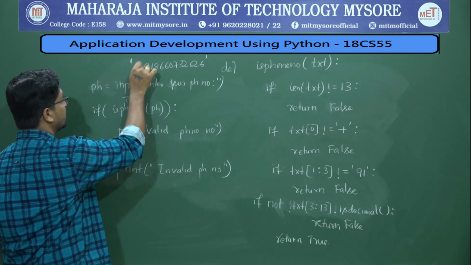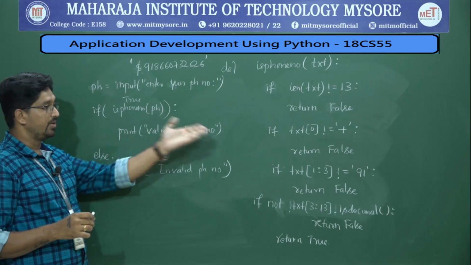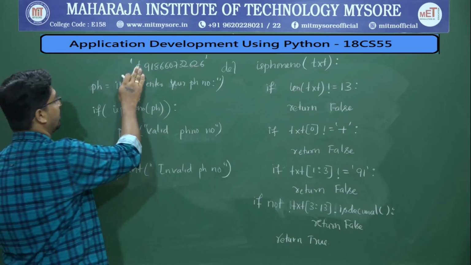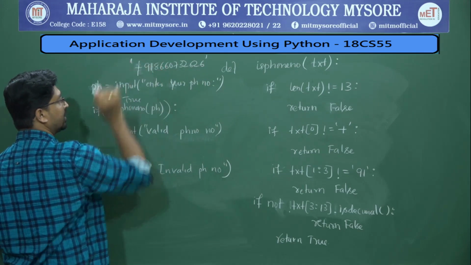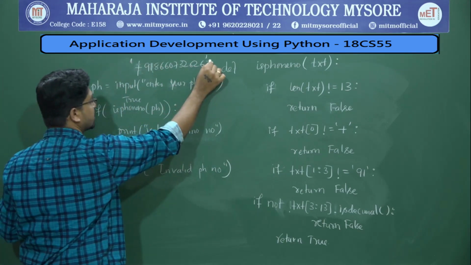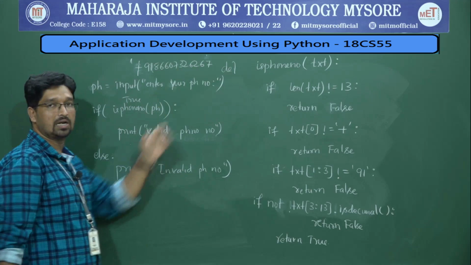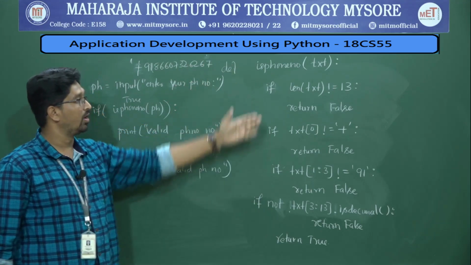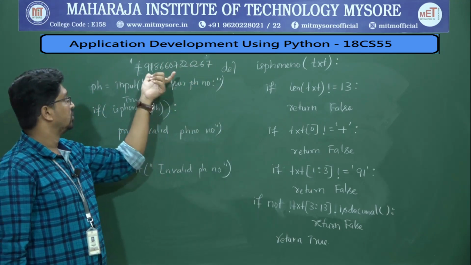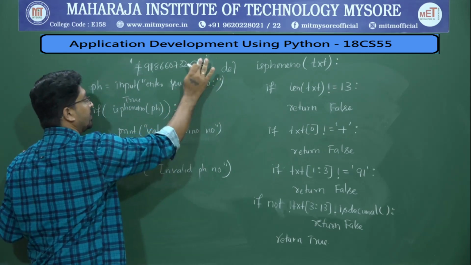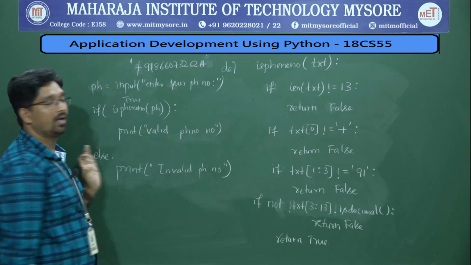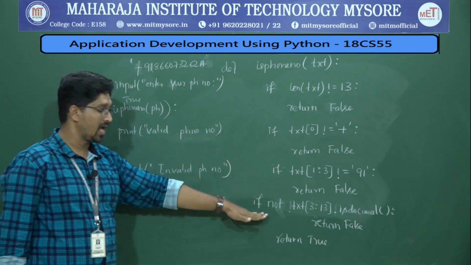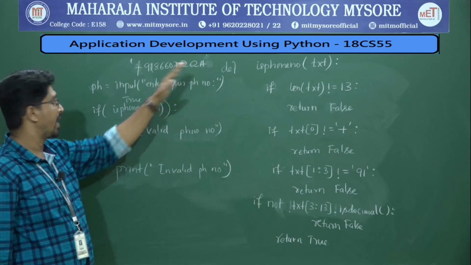Assume that if you have entered a dollar, obviously it will not get accepted. If you have entered 92, second condition fails, correct. Or if you have entered one extra digit, then the first condition itself fails. So it will return false. If you have entered one character, let us say A, then again the last condition fails, then again it will return back.